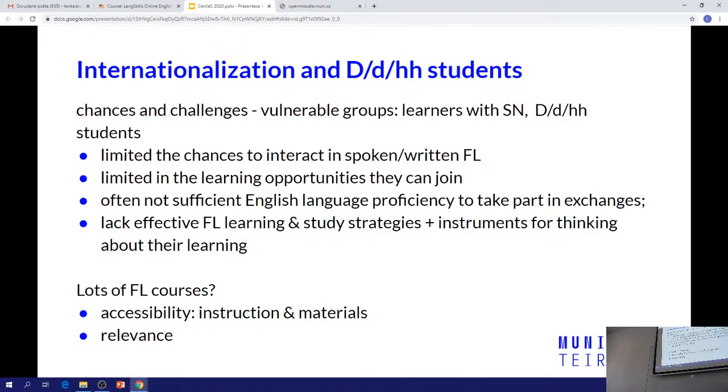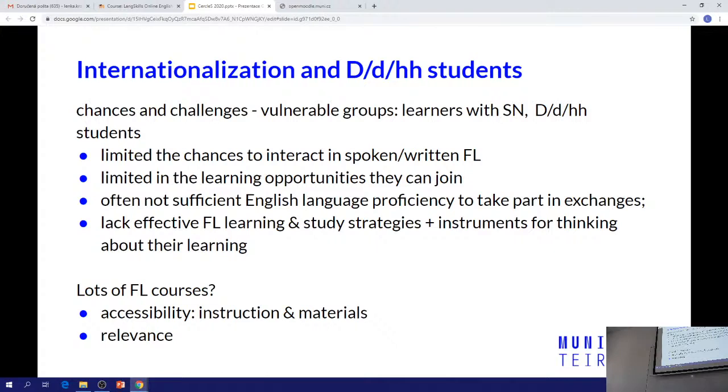And although you might think that there are lots of courses opening everywhere in the university, outside of the university, we need to consider that these courses may not be accessible in terms of content and material for these students, and also they might not be relevant because these students are usually interested in different topics than the intact population.